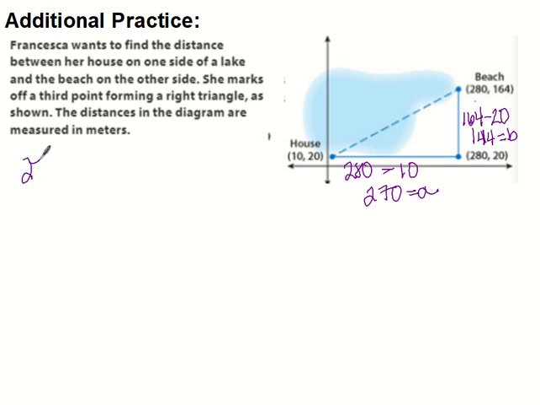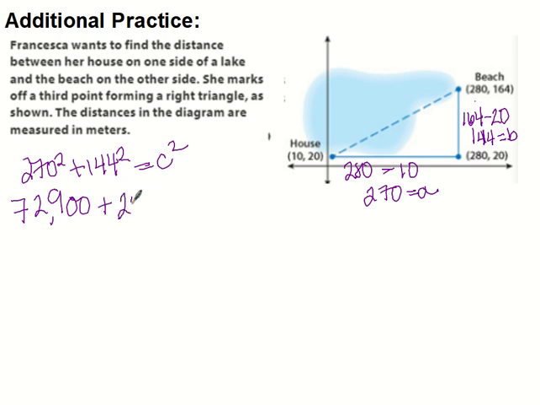So 270 squared plus 144 squared equals C squared. So definitely want a calculator for this. 270 squared is 72,900, plus 144 squared is 20,736.